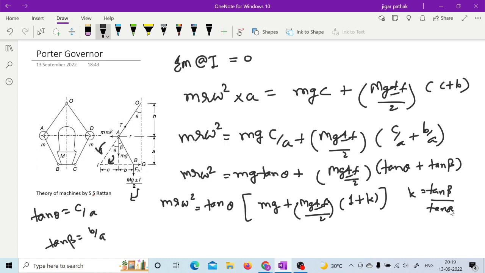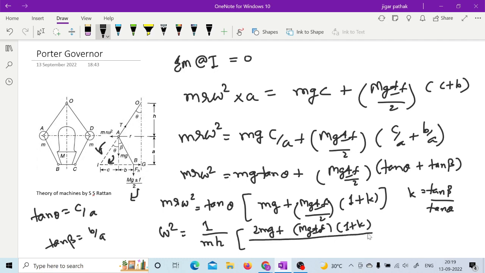As we have already seen earlier, tan theta is r by h. So if you put tan theta equal to r by h, then you can write that omega square is equal to 1 upon m h into 2 mg plus mg plus or minus f into 1 plus k, divided by 2. Sorry, 2 mg.